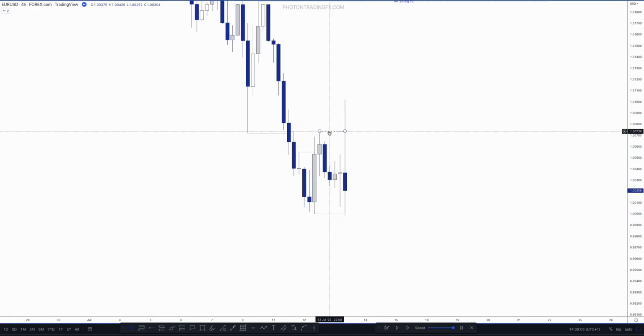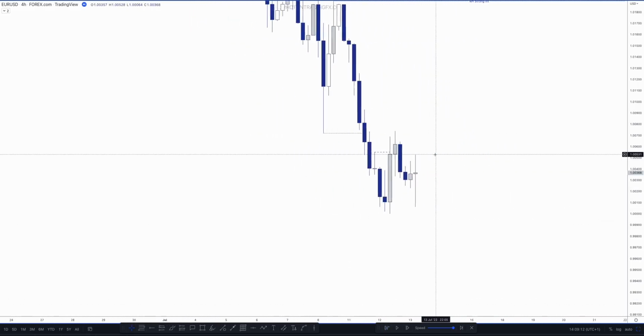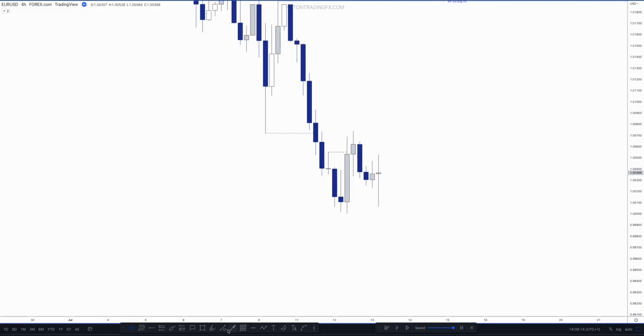Because if I remove these lines and I bring it back to here, at this moment, the fractal structure is bullish, okay? Because we had that pullback, we had the bullish chalk, right? So from a fractal structure perspective, you'd expect that movement. So if price doesn't break this low and it continues to the upside, that's just a fractal bullish continuation, right?